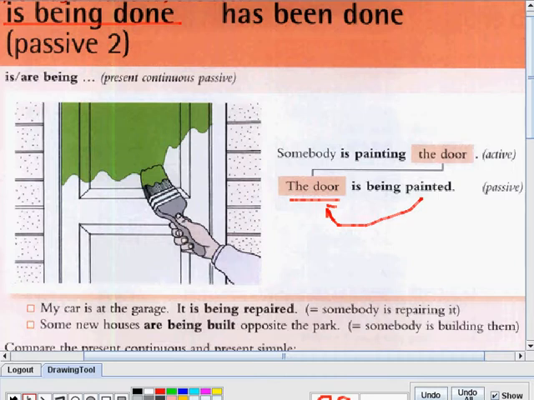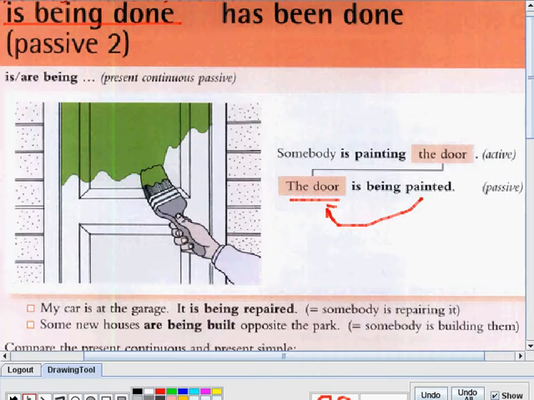That is why. And also, we can use the passive voice when we don't know who did the action. We use passive when we don't need to say who did the action. And the last reason is to avoid saying who did the action. Okay? Those are the reasons why we want to make our sentence in passive form.